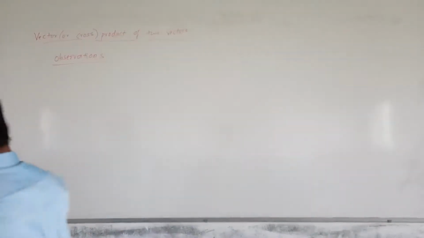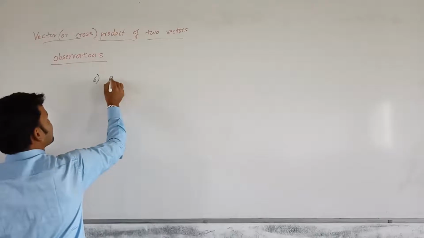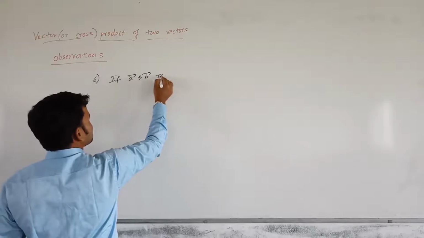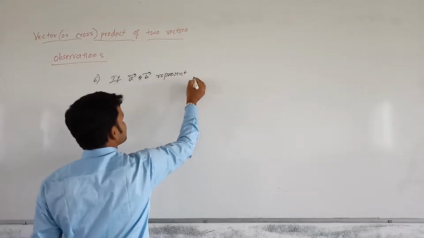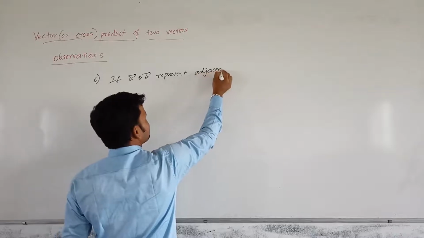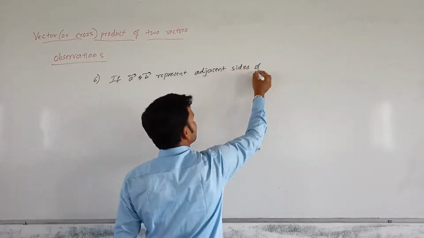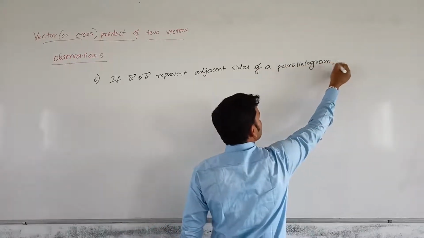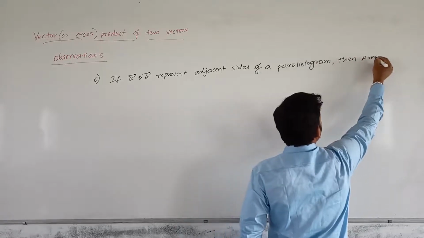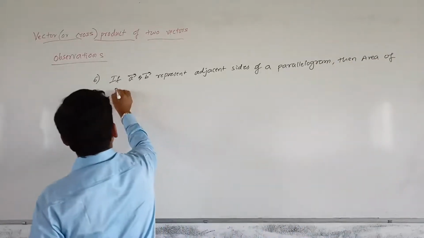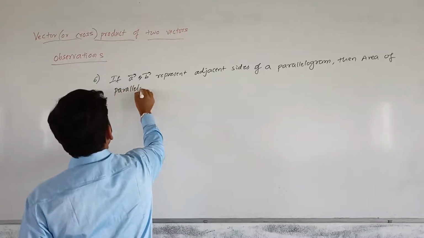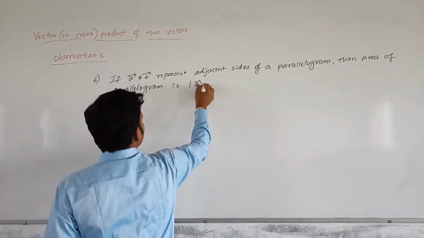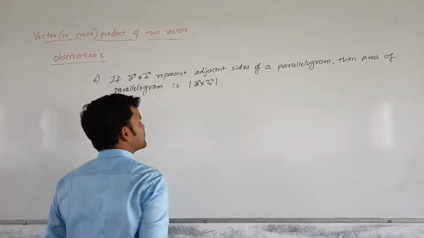Sixth one: if vectors A and B represent adjacent sides of a parallelogram, then the area of the parallelogram is given by the magnitude of A cross B. Very easy to remember.